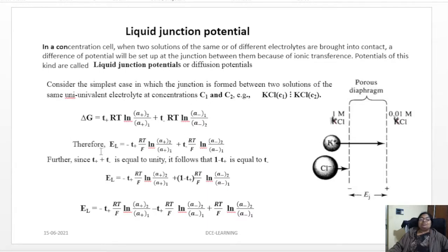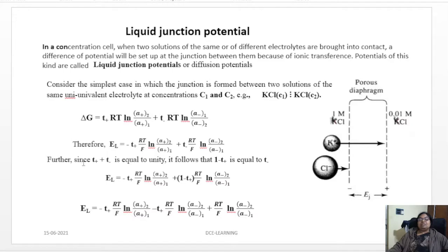So the liquid junction potential E equals minus t plus RT by F ln of a2 by a1 plus t minus RT by F ln of a2 by a1.